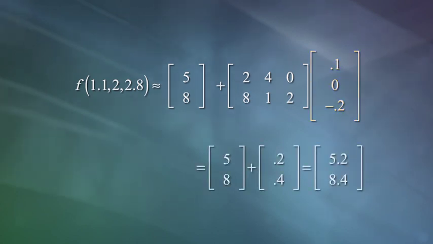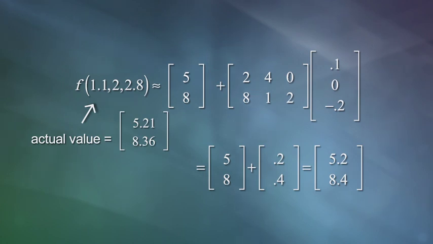If you add that up, you'll get the vector (5.2, 8.4). And you can compare the actual value of f at the point (1.1, 2, 2.8), and you'll find that it is (5.21, 8.36). So our estimate was actually pretty good.